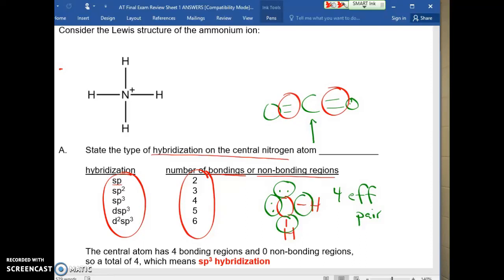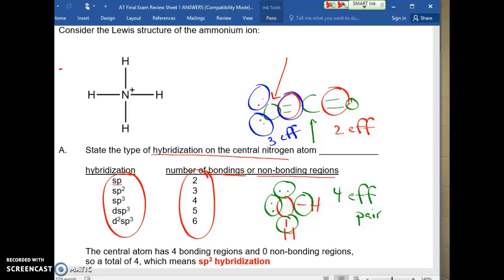It doesn't matter that they're double, just that they're bonding domains, and no non-bonding domains. So this has 2 effective pairs. Now, if I ask you about the oxygen atom, well, careful, the oxygen has that same bonding domain and also a non-bonding domain. So each of the oxygens have 3 effective pairs.